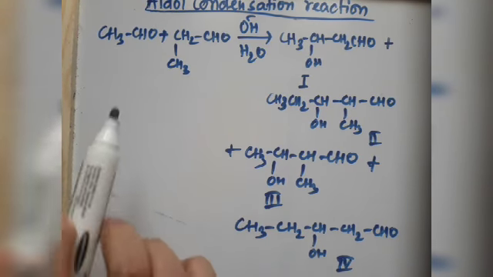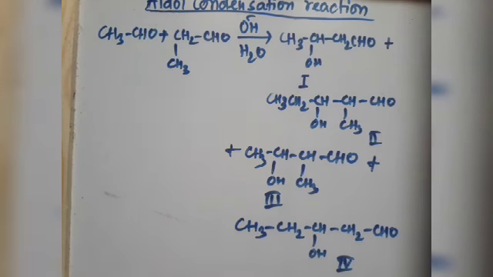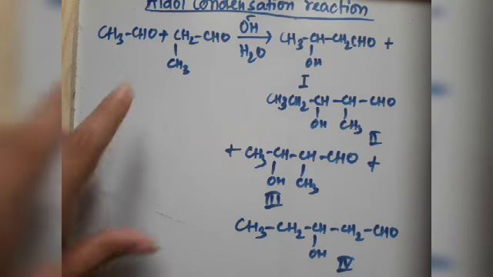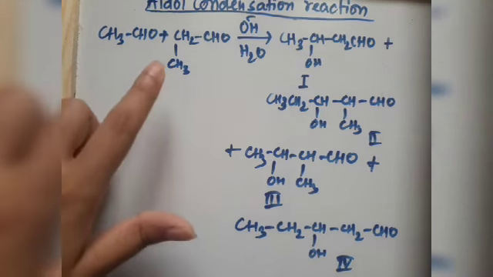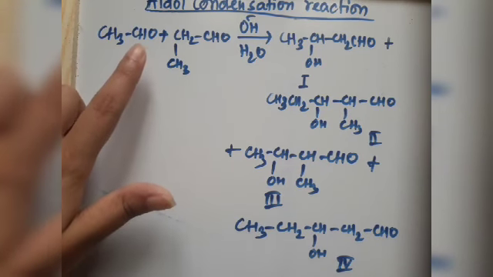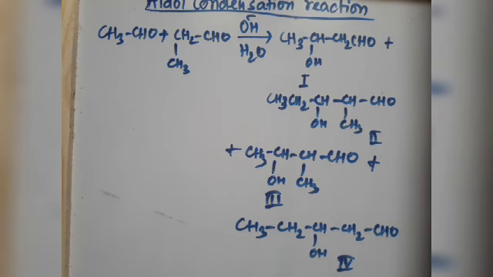aldol condensation reaction of ethanal and propanal together, both of them having alpha hydrogen atoms. Okay, but a crossed aldol condensation reaction will be synthetically useful if one of the carbonyl compounds does not have an alpha hydrogen atom, because in this case mainly only one product we will get.